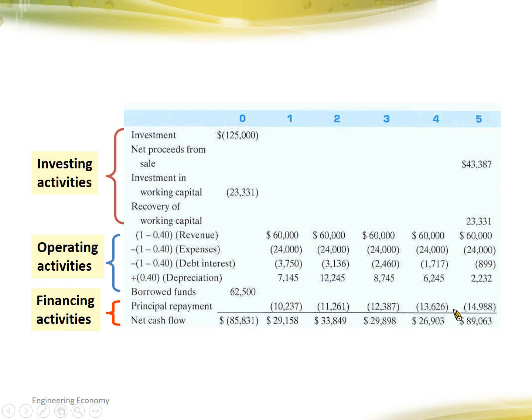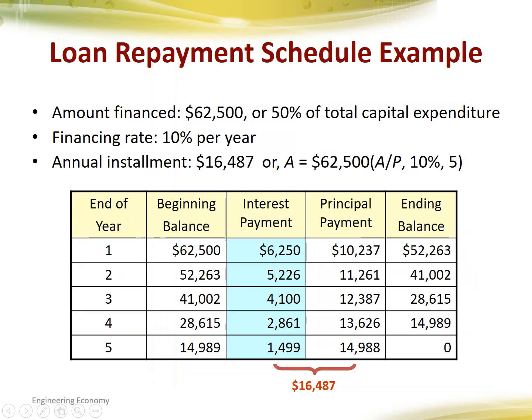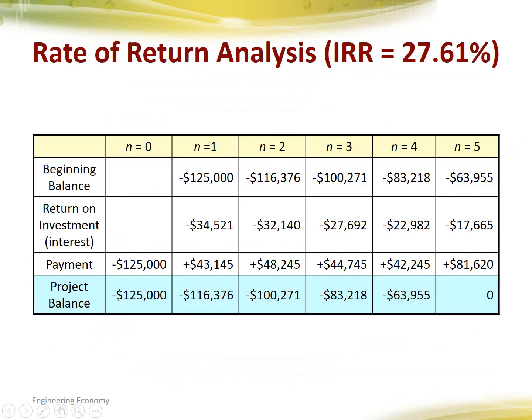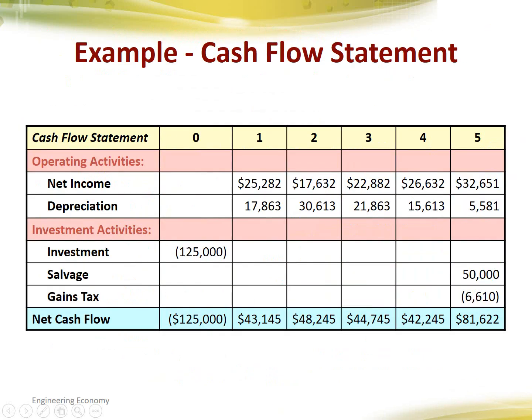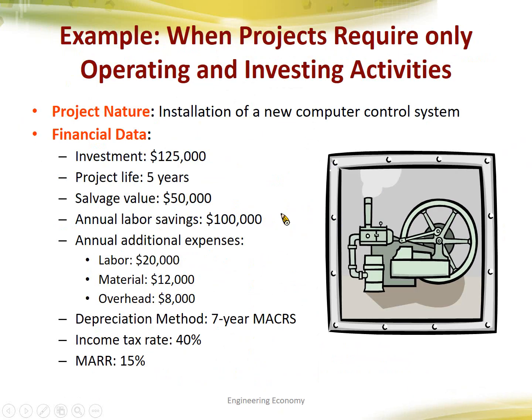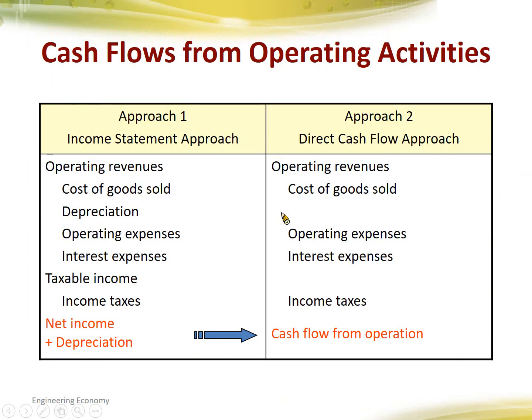Okay, so I won't go through the detail because they are exactly the same. If you use a simpler way to look at them, one is going through the process and computing net income, then adding the depreciation back.